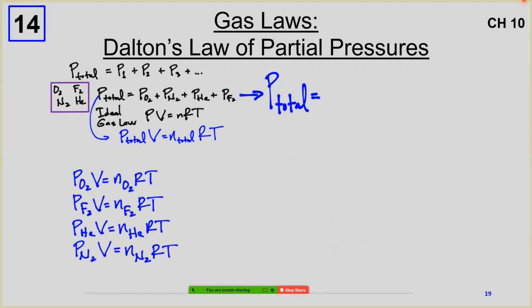Okay, now in these equations here, we can isolate PO2, PF2, pressure of helium, and pressure of nitrogen gas. And then we can add them all up and we can get P total, the total pressure. So let's isolate these individual gases.